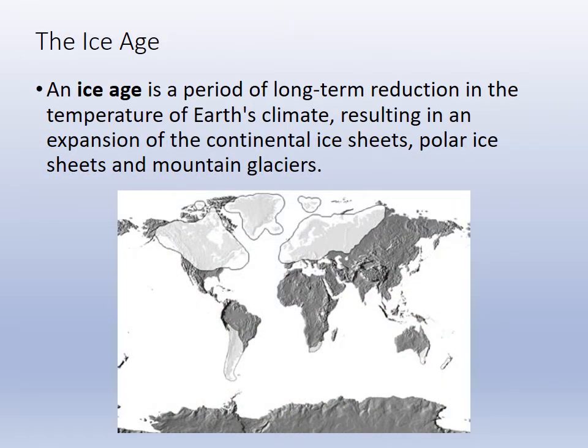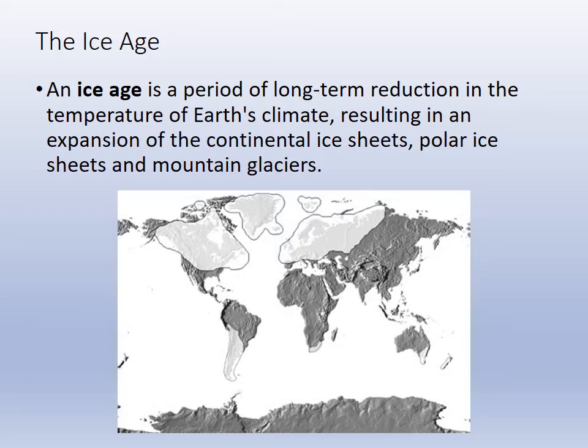As you can see by this illustration, an ice age is a period of Earth's history where you have ice sheets, and we are still in an ice age, but we're in an interglacial portion of the ice age because most of the glaciers have retreated. At the peak of the last ice age, the Wisconsin glaciation, this is how far the glaciers were.